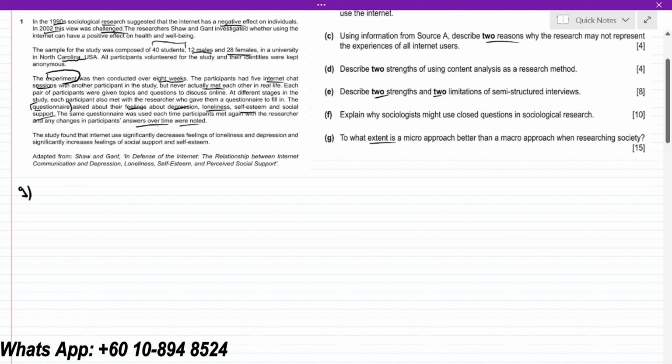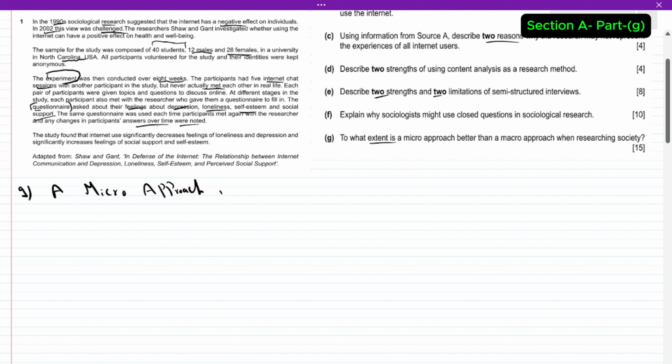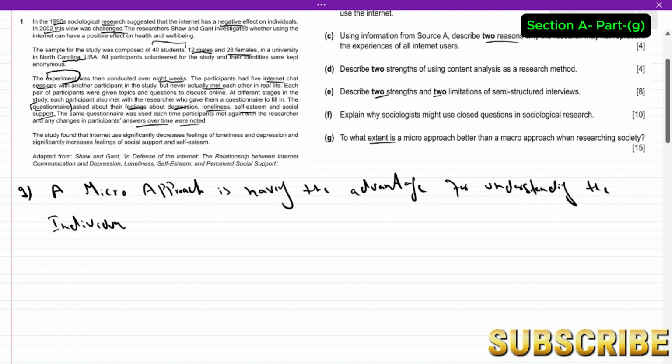The micro approach is having the advantage for understanding individual behavior and motivations.